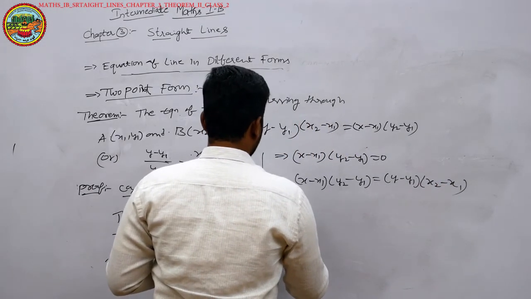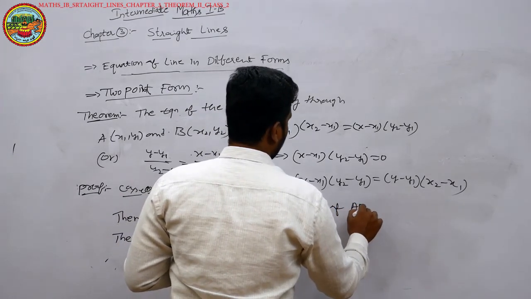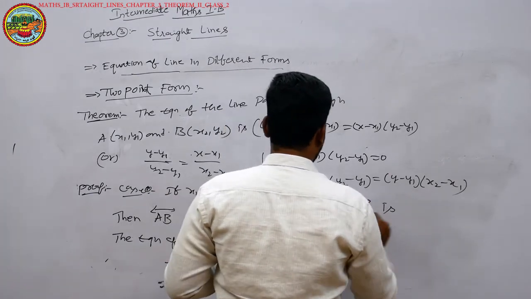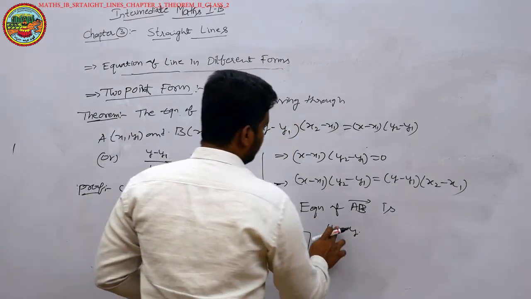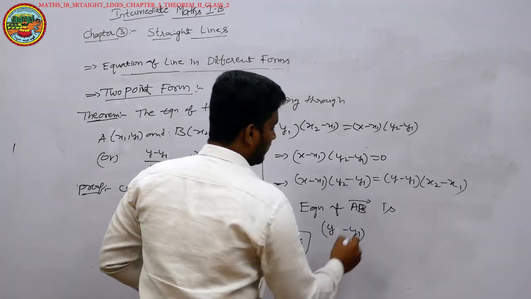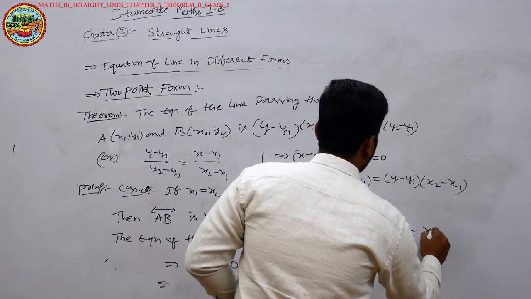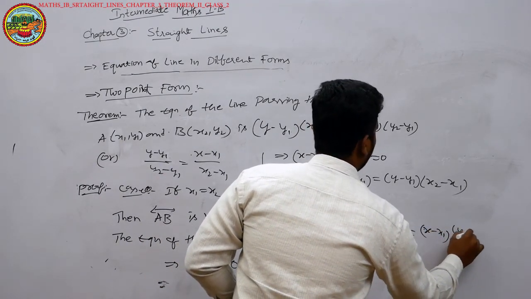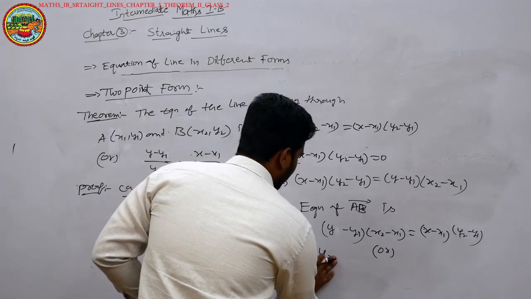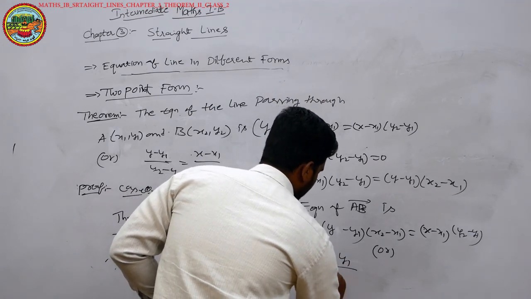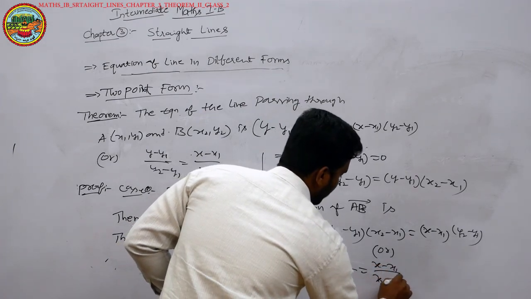So therefore the equation of line AB is y minus y1 into x2 minus x1 is equal to x minus x1 into y2 minus y1, or y minus y1 by y2 minus y1 is equal to x minus x1 by x2 minus x1.